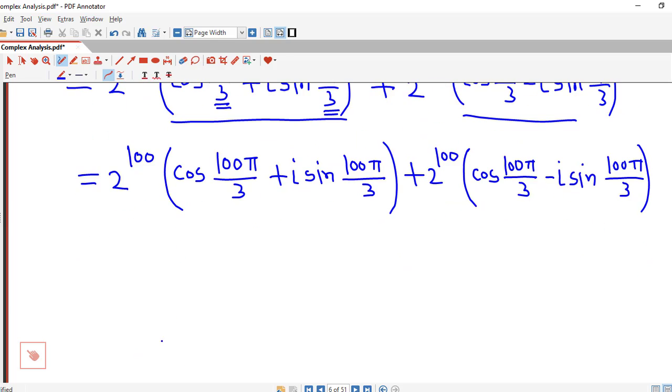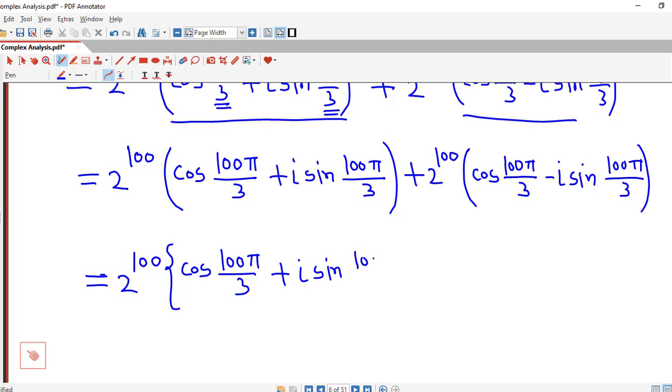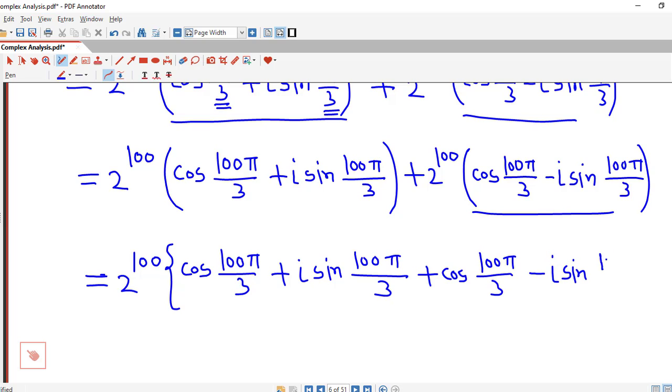Now we can simplify this. We can see that 2^100 is common, and we have to write the remaining things. Here we have cos 100π/3 + i sin 100π/3, and here if we take 2^100 common, we have cosine of 100π/3 − i sin 100π/3.